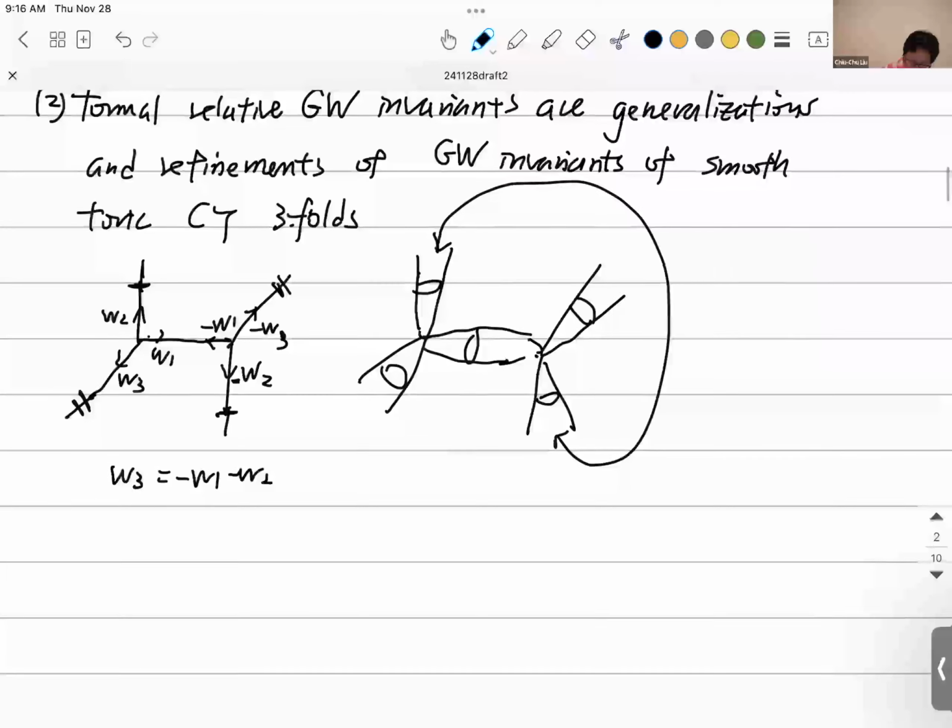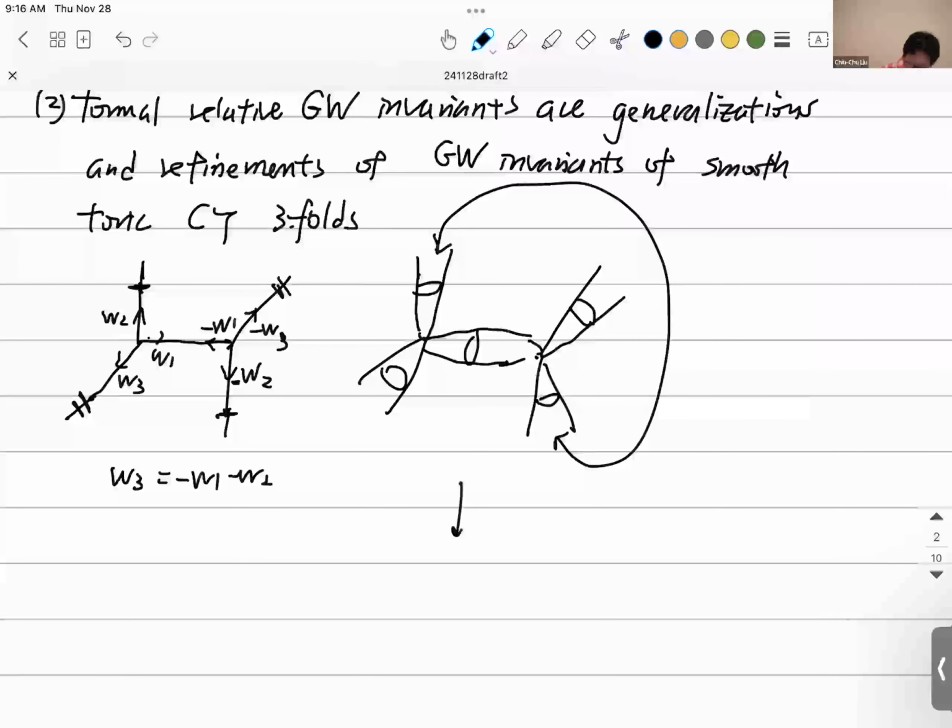So you will actually get this kind of configuration. So this is C1, C2, C3.